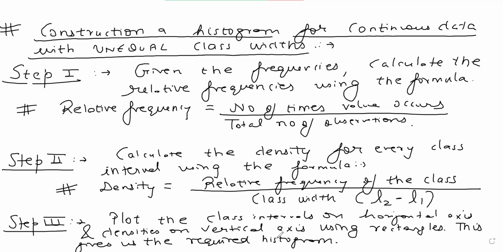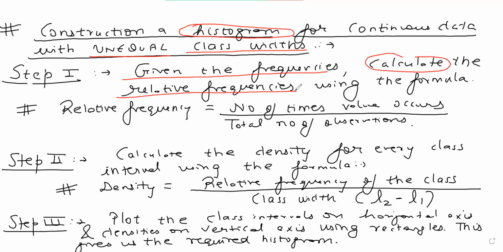So I'm revising all the steps and then we are going to do a practice problem. We now have to construct a histogram when we are given class widths which are unequal. So step number 1, we are given the class intervals and the frequencies. We are going to calculate something called relative frequencies.